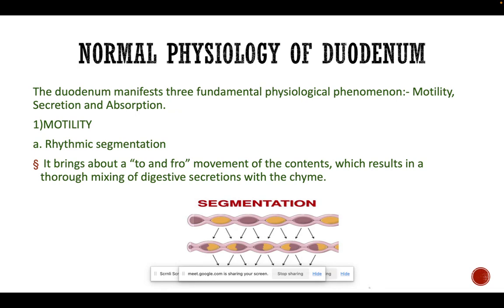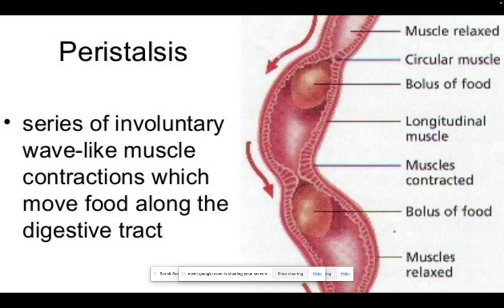The rhythmic segmentation means that there is local intermittent segmentation contraction which occurs every few centimeters of the duodenum. Second is the peristalsis. It is a series of wave-like contractions which occur in the duodenum.